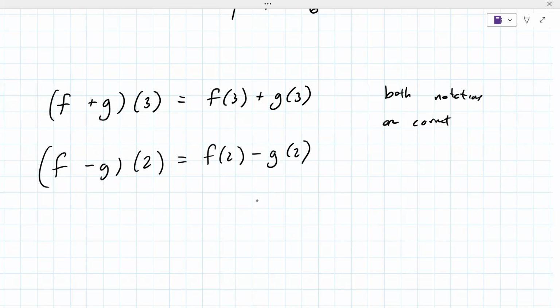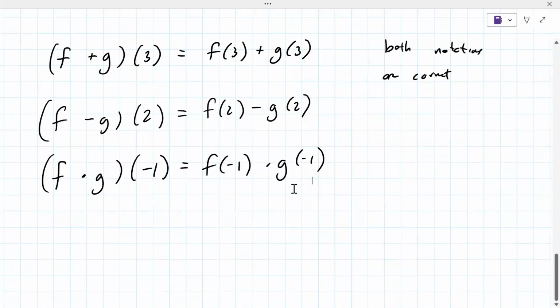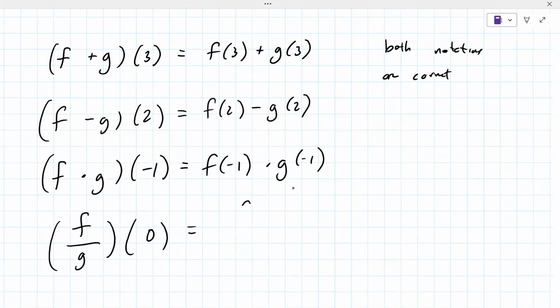Let's say it's f dot g for multiplication of -1. This means f of -1 times g of -1. And then the other one you'll see, f over g of, let's just say 0, means f of 0 divided by g of 0.